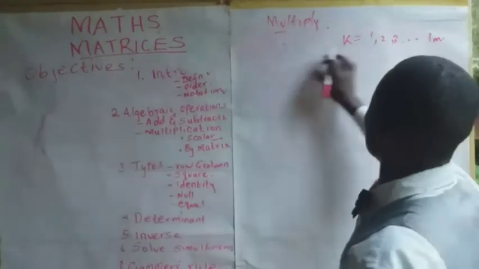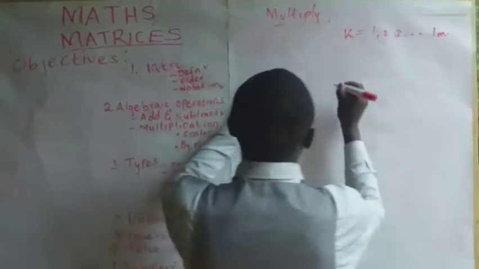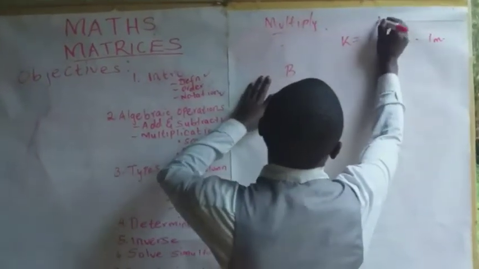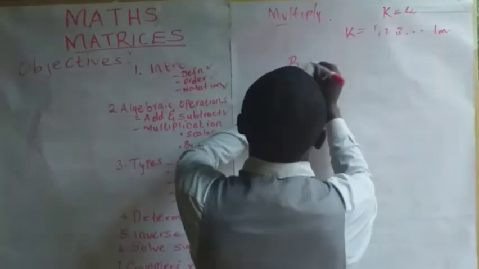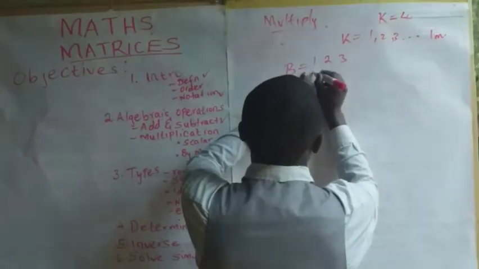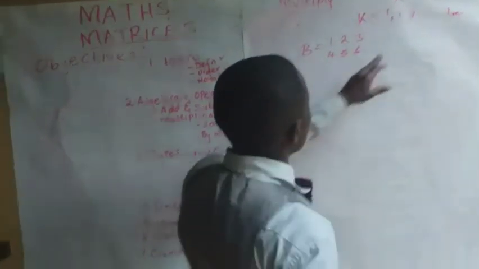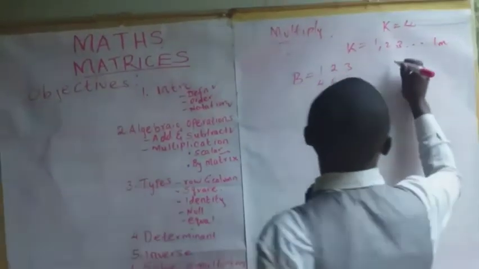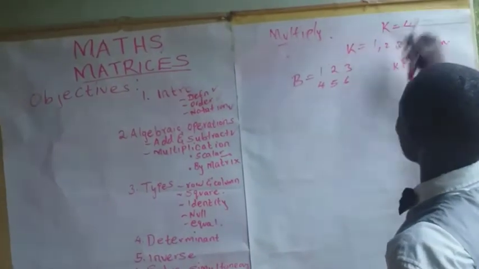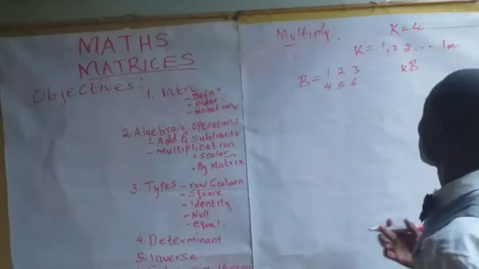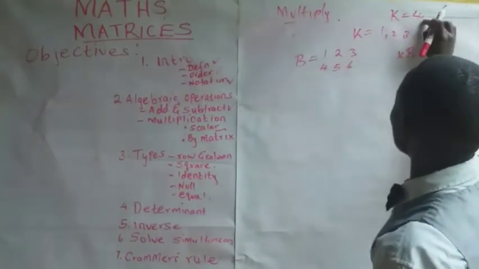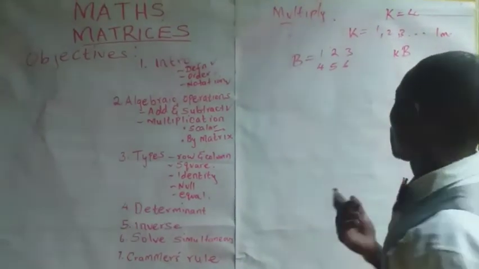If I tell you to multiply a matrix B by k, where k is equal to 4 and matrix B is 1, 2, 3, 4, 5, 6, to give me matrix KB, what will you do? You will simply go to the matrix and multiply every element by the scalar.